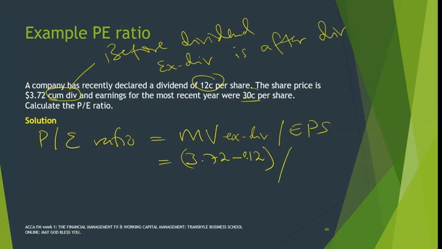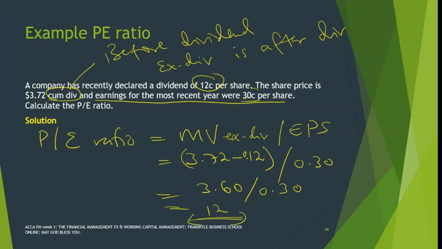All over, this one is the earnings per share. The earnings for the most recent year was 30 cents, so 0.3. So we get in brackets 3.60 over 0.3. This means 12. So price earnings ratio is presented in times. So that's 12 times.